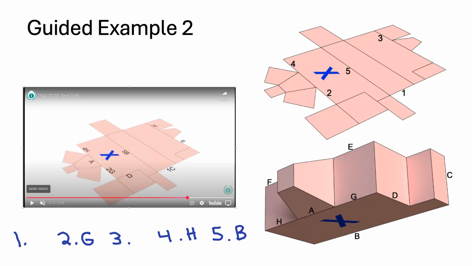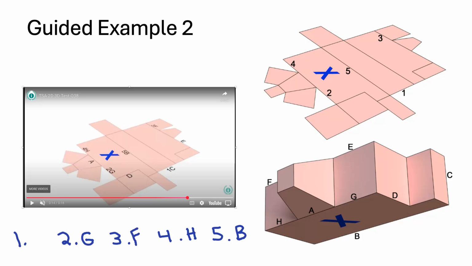There's 2 letters that are on the opposite face or associated with the opposite face as the X. We have F and we have E. But which is which? Well, again, 3 is to the left of the X, and F is to the left of the X. So therefore, 3 will be F.